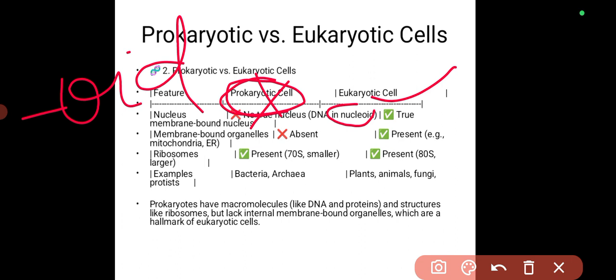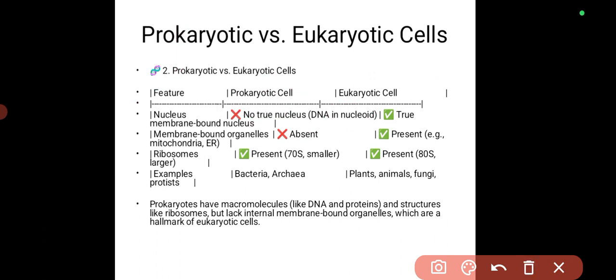Then we have membrane-bound organelles, including mitochondria and endoplasmic reticulum. They are absent in the prokaryotes, but present in the eukaryotes. Then we have ribosomes. Ribosomes are non-membrane bound, but they are larger in the eukaryotes and smaller in the prokaryotes.